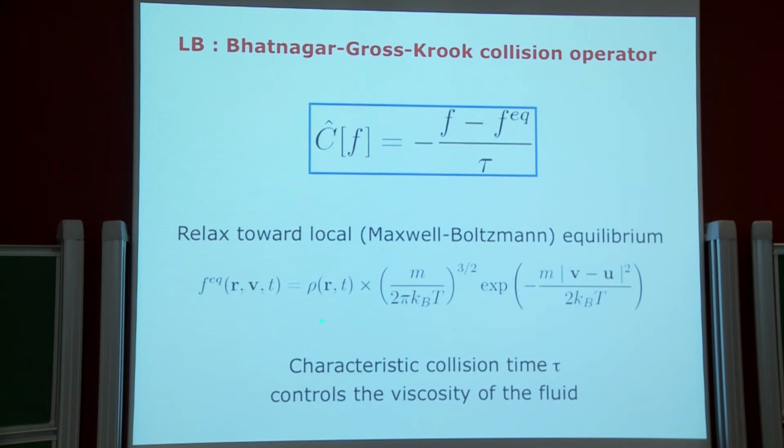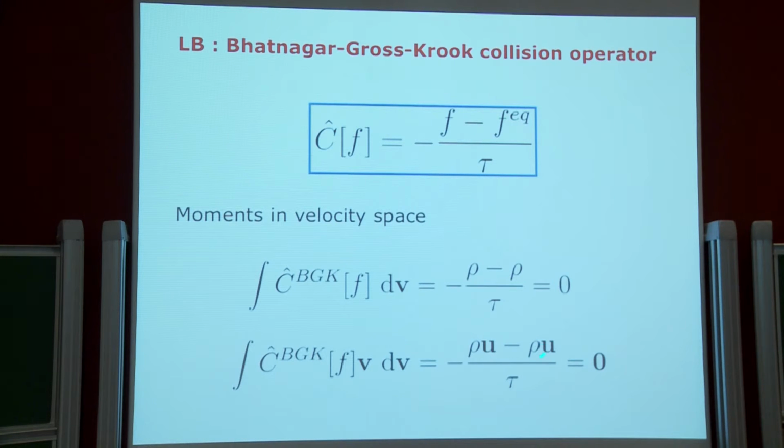And if you take the first moment in velocity space of this quantity here, you can see immediately that you have the first moment of a Gaussian distribution, and that will give you the average value, so the u here, and then u times rho, the density, is again the definition of the mass flux. So the first moment of the BGK collision kernel is also equal to 0.